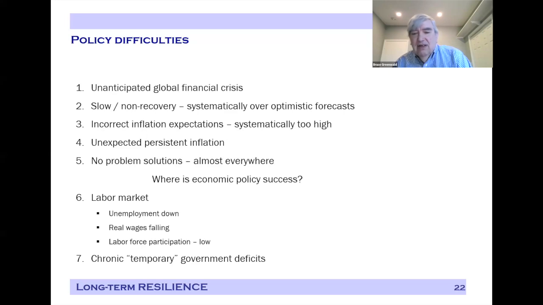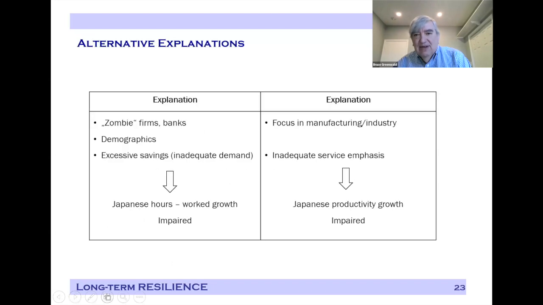Well, welcome to the last 60 years of reality on interest rate effects. Labor market unemployment is down, but real wages are falling, and labor force participation is quite low. And you've got these chronic temporary government deficits, presumably related to compensating in the deficit countries for the sustained international imbalances. So there are continuing problems that haven't been addressed.